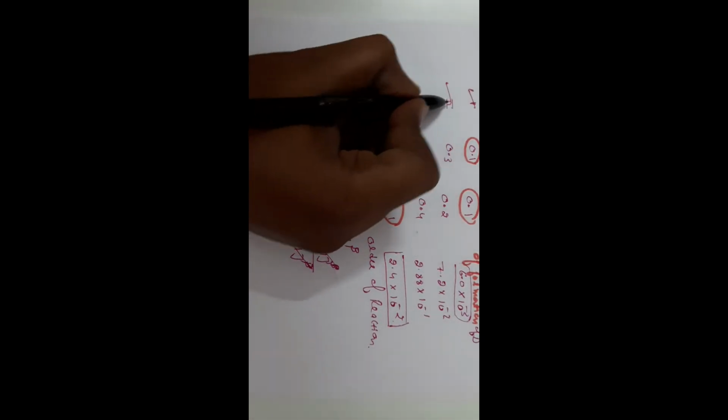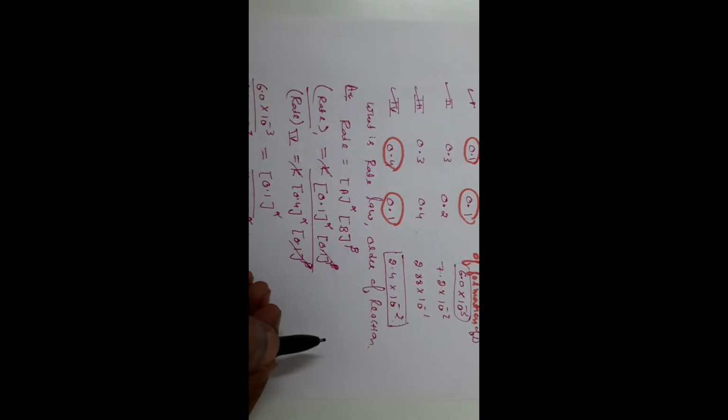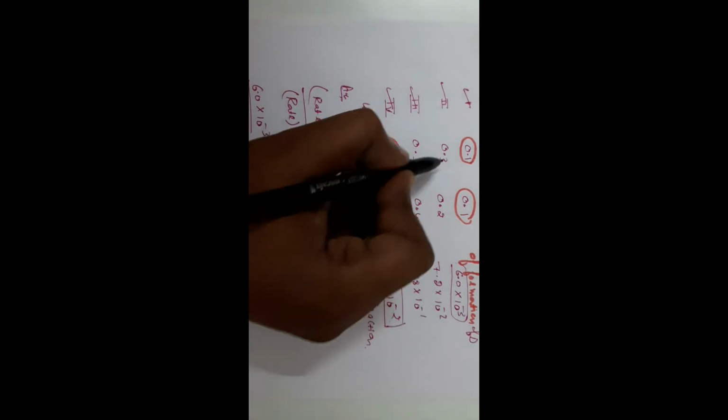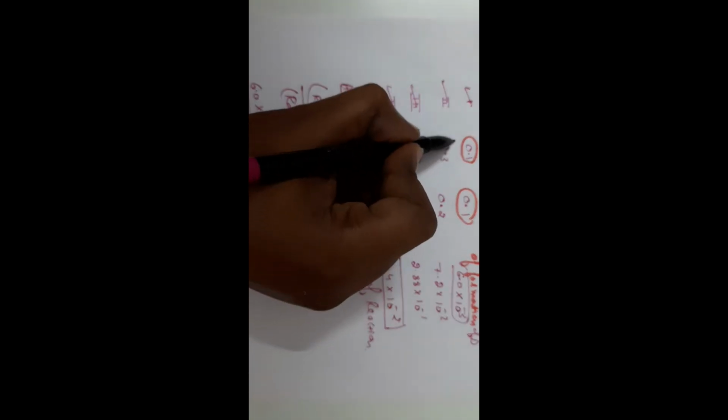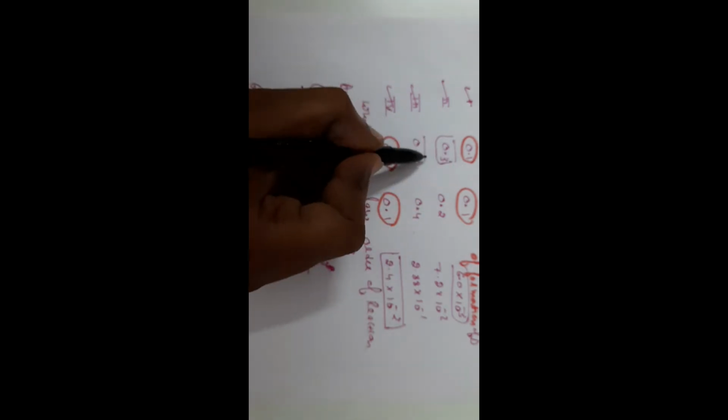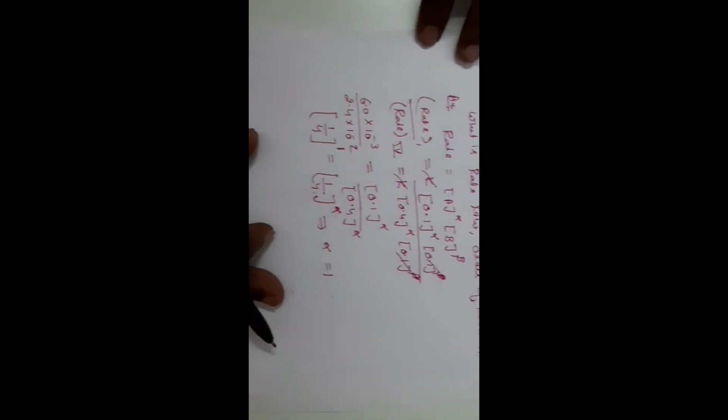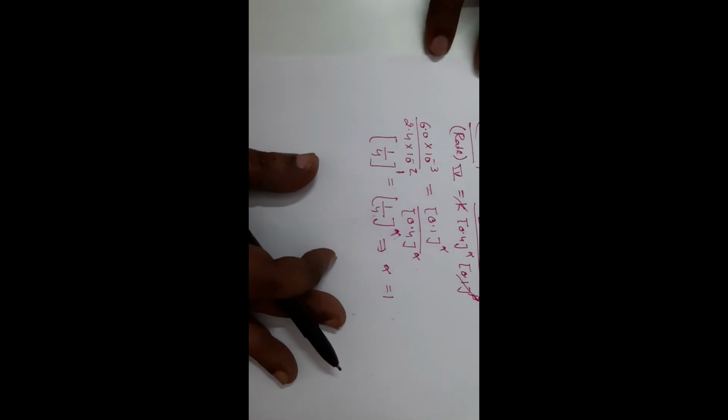Same way, now we have to go for the second and the third experiment. Now in the second and third experiment, see, these two values are constant, 0.3, 0.3. Now I will write for experiment number 2 and 3.